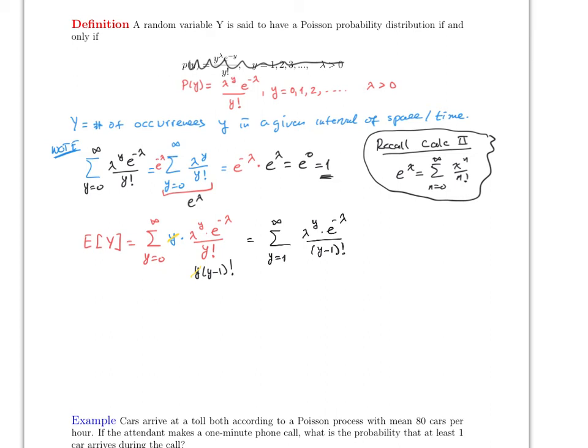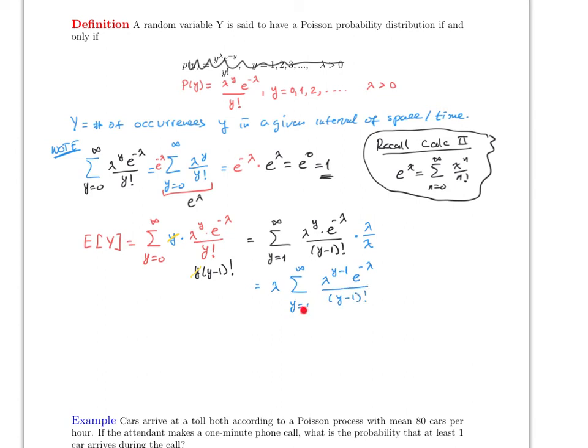Then we're going to use the classic math trick of multiplying by 1. Notice that this lambda can go in front. So then this will be lambda times the sum from y equals 1 to infinity of lambda to the y minus 1 e to the minus lambda over y minus 1 factorial.